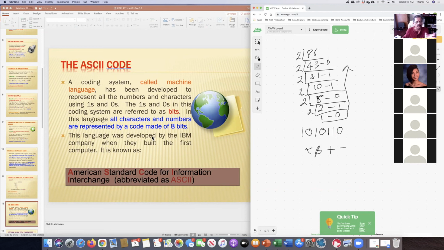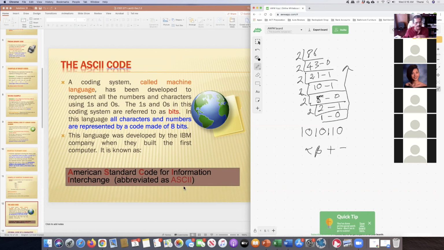So all these ASCII codes, codes for the characters, were designed by the very first company that built the computer. IBM was the very first company that built the computer, and they designed this language, and they named it American Standard Code for Information Interchange. So the first letters of those words make up this word ASCII.